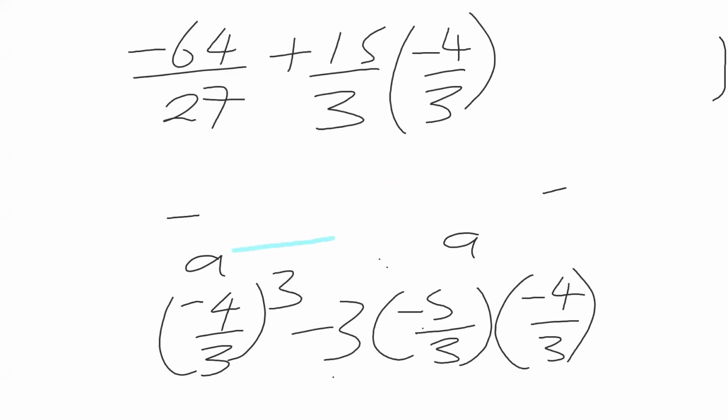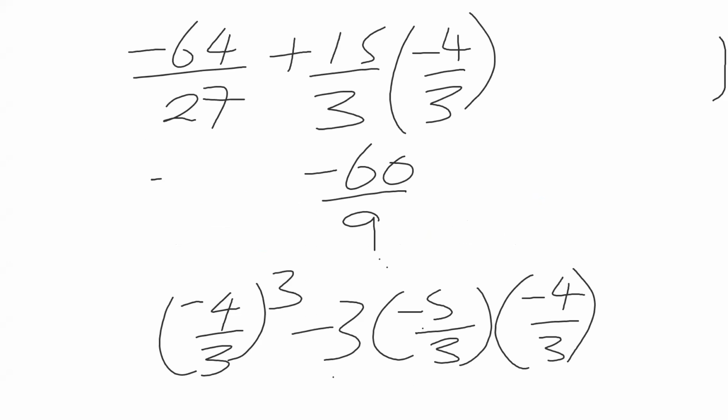Then we sort out the right part: 15 times negative 4 is negative 60 over 9, and negative 64 over 27.